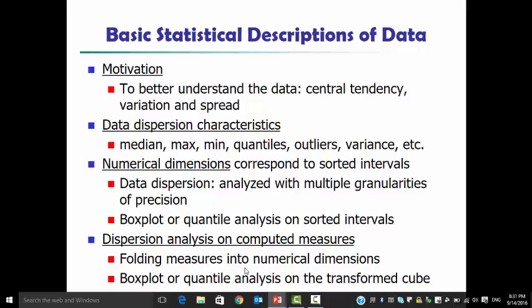Numerical dimensions. We can consider the sorted data, like ordered data. Then we can see the quantile, what percent. We can see the ranked data. What is the top 100? What is the 95% data? And things like that. And then also the box plot.